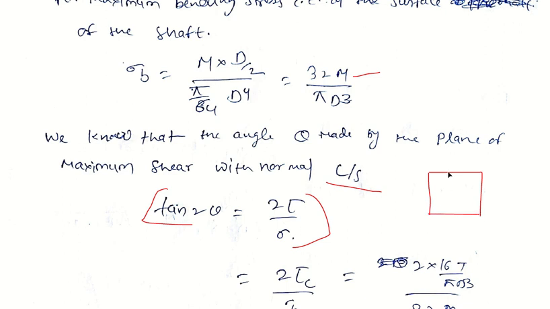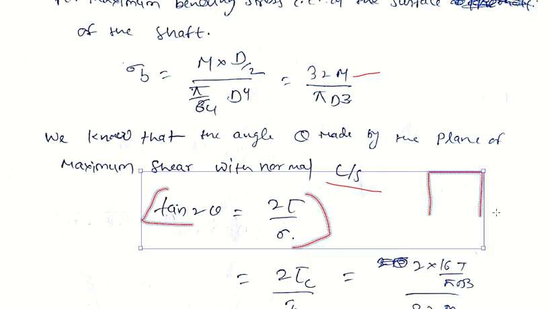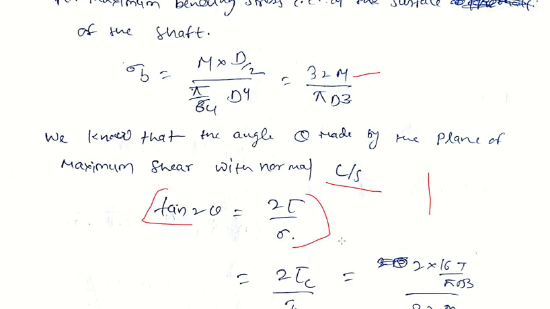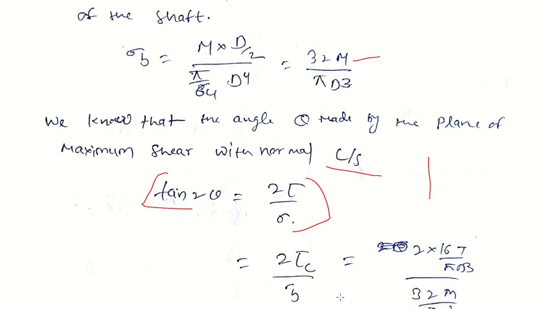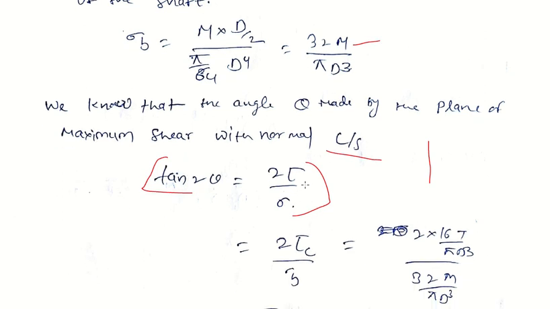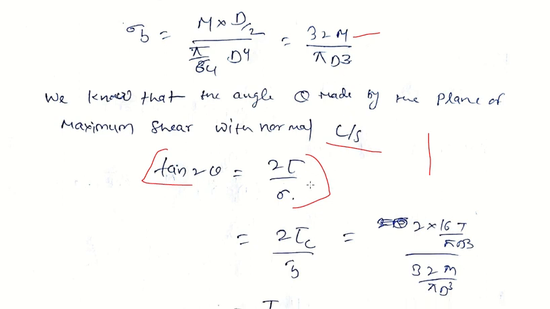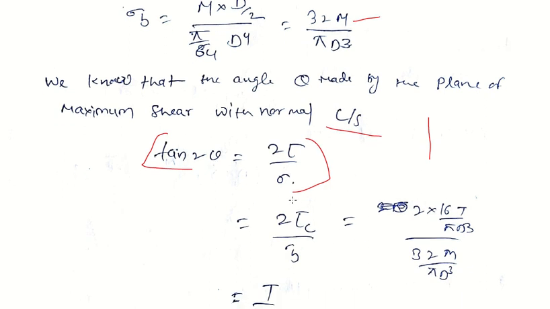So tan 2 theta equals 2 tau by sigma, that is the failure plane. Here tau is the maximum shear stress for the circular shaft, and sigma b is for bending.